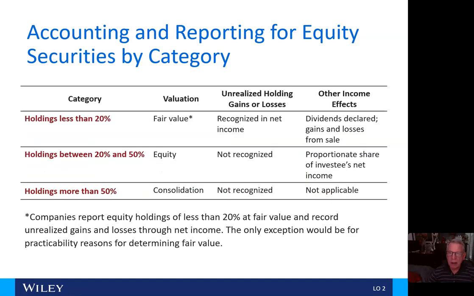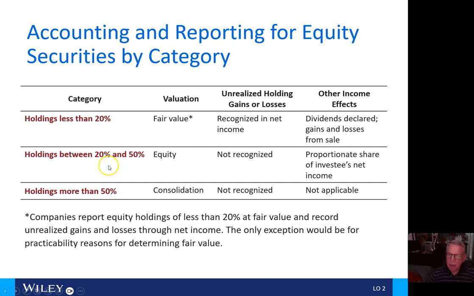So let's look at that. Holdings of less than 20%, I mentioned, we're going to use the fair value valuation method. We're going to recognize unrealized holding gains or losses in net income. Other income effects include dividends declared, gains and losses from the sale.